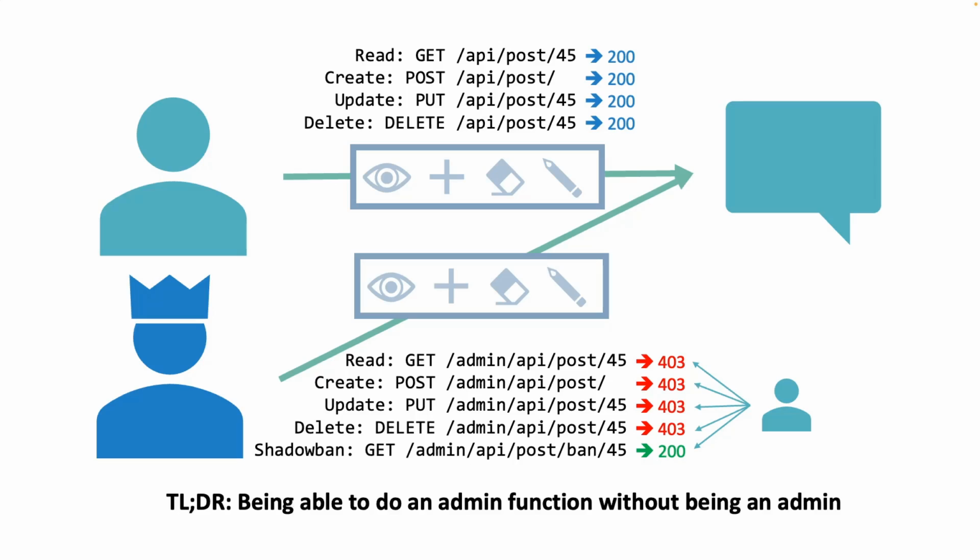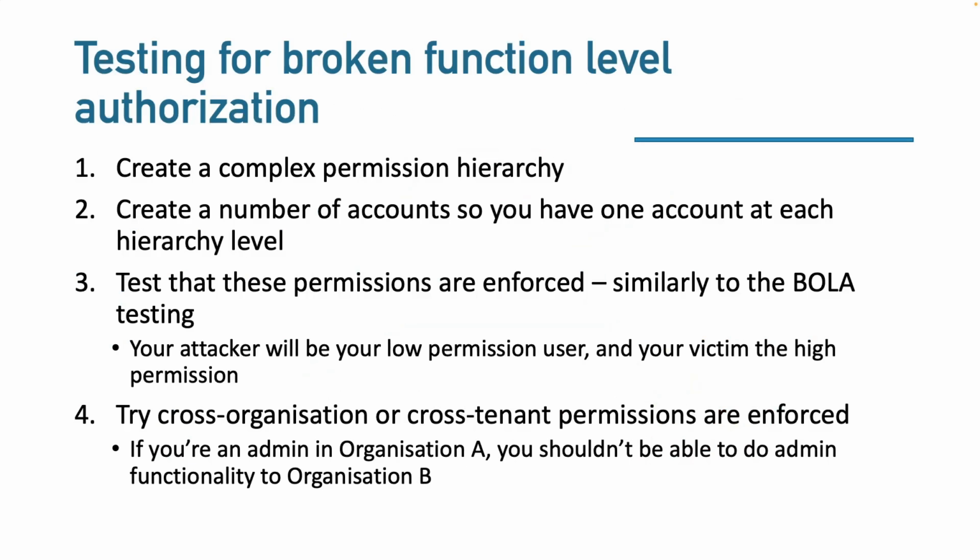And for a bug bounty context, this is a great one to look for because it basically requires you to have knowledge of how this permission hierarchy works. To test for it, create a complex permission hierarchy, create however many accounts you need to test one at every level, test that each permission is being properly enforced, similar to IDOR, go through it one at a time.